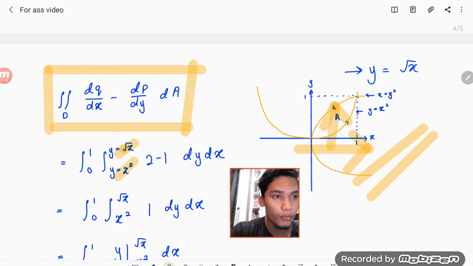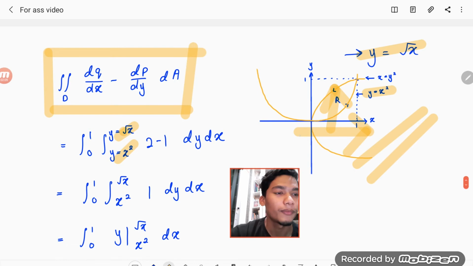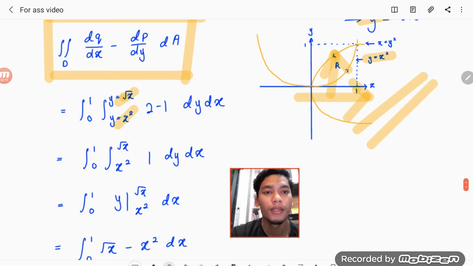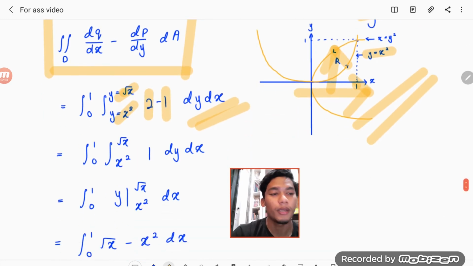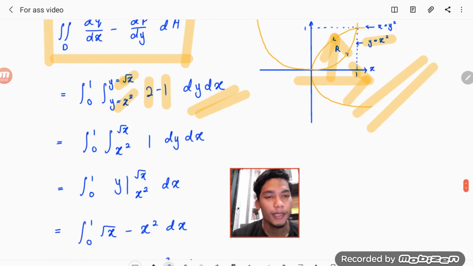Lower to upper is x squared and the upper is y equal to x, and then from the left is 0 and the right is 1. We get this equation, and then for the derivative we put 2 minus 1 because we use counterclockwise.